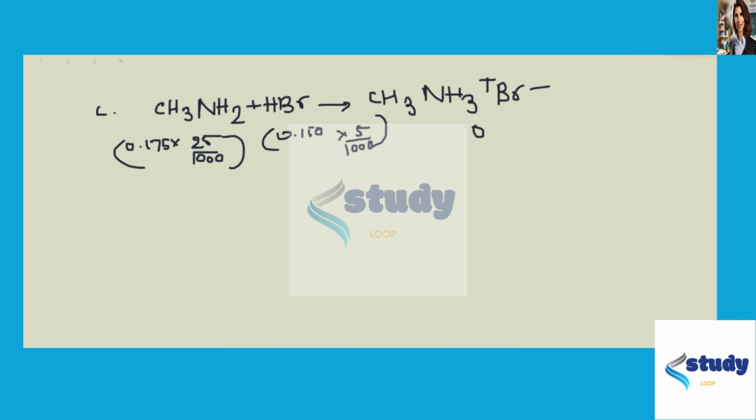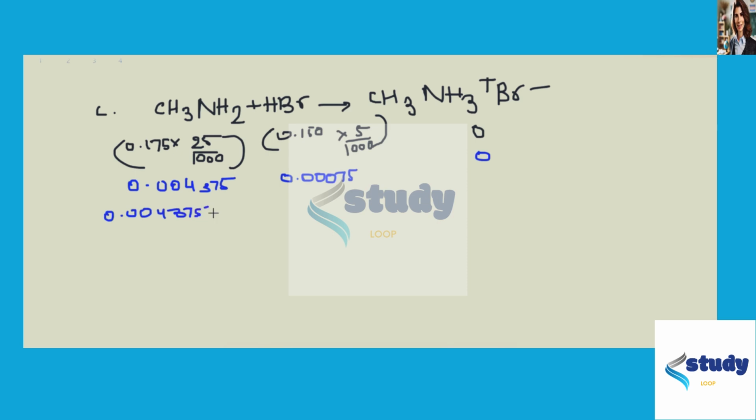These values, I've calculated them. You can calculate it again just to check. Is 0.004375, and here it's 0.00075 and 0. So when a reaction happens, some of your reactants get used up.